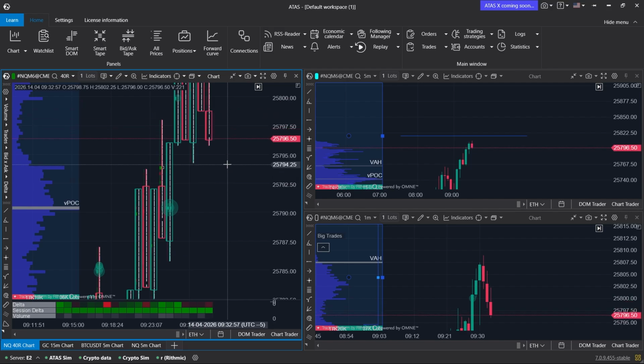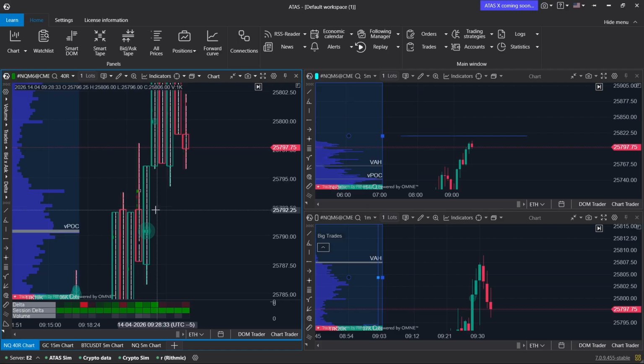If it hits my SL over here, I might be planning to give another try after it, if it rejects from here, from the point of control over here.